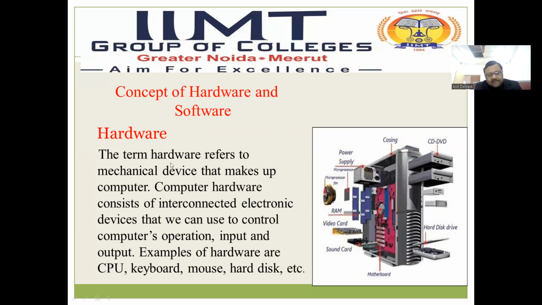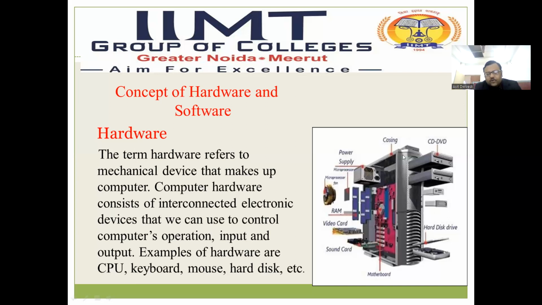The term hardware refers to the mechanical devices that make up a computer. Computer hardware consists of interconnected electronic devices that we can use to control the computer's operation, input and output. Examples of hardware are CPU, keyboard, mouse, hard disk, etc.